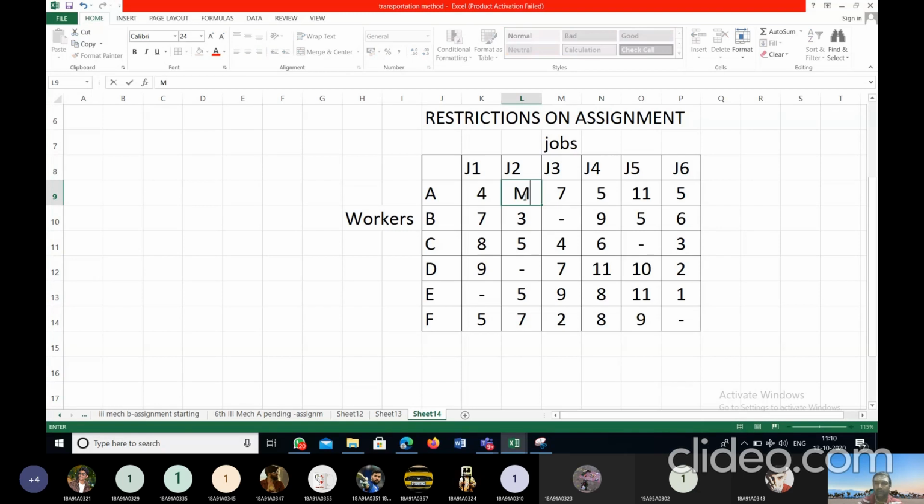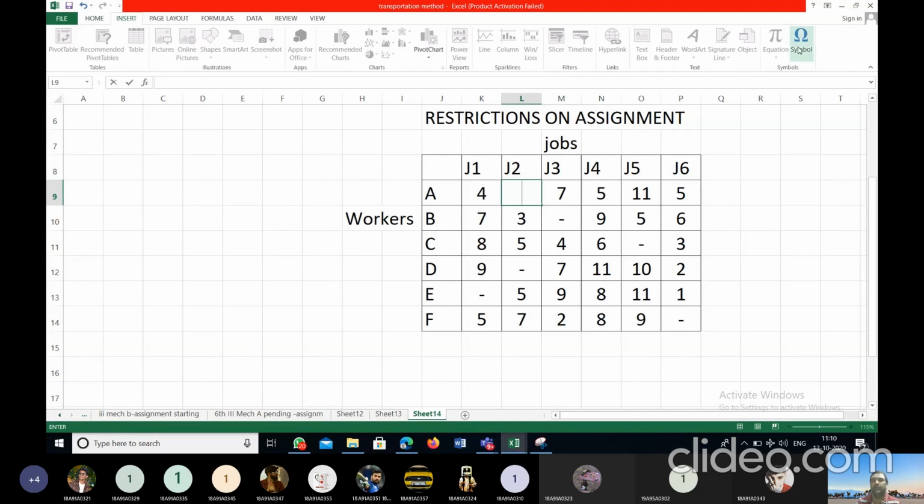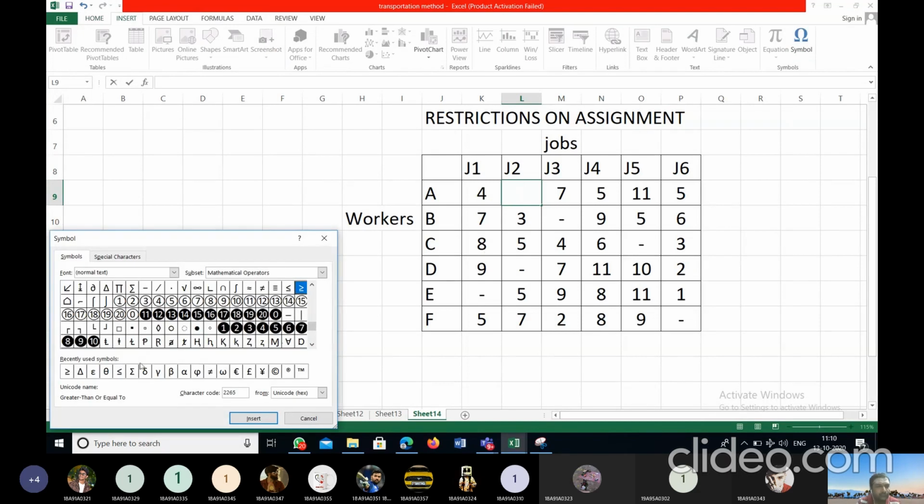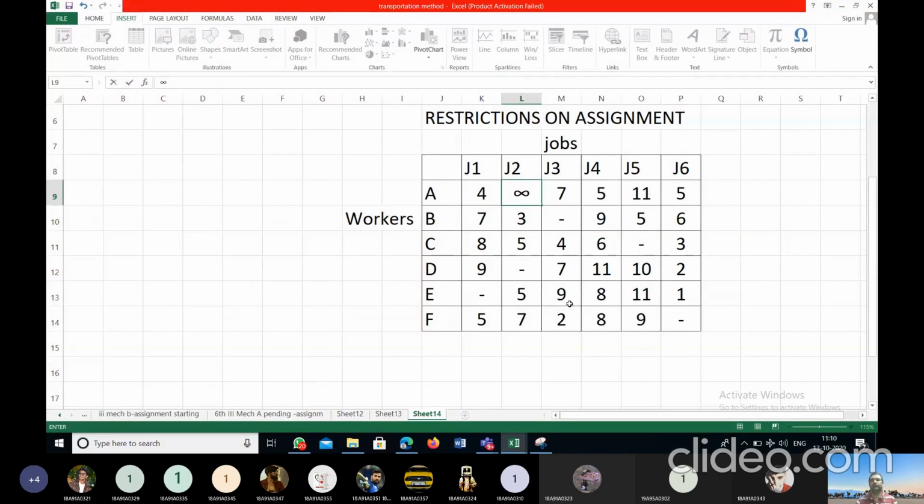It may be M, or in some textbooks, some reference books, they give the symbol infinity. Can we find the infinity symbol in this? If infinity is not available, write M. Okay, found it. So treat this as infinity. Whatever restriction you have, you consider this as infinity.